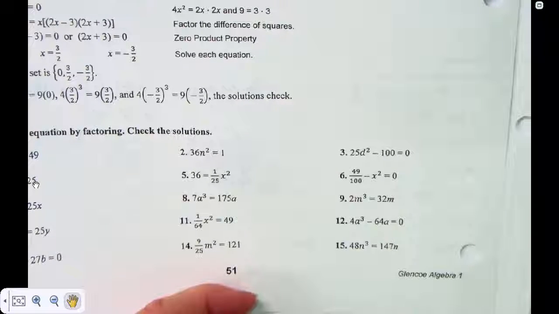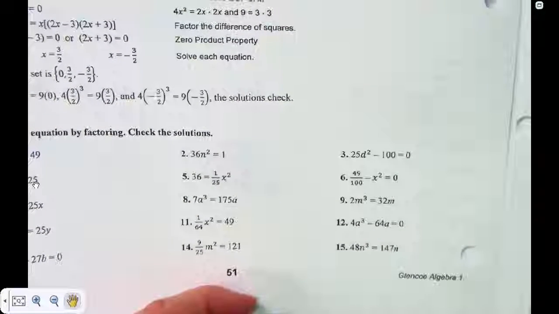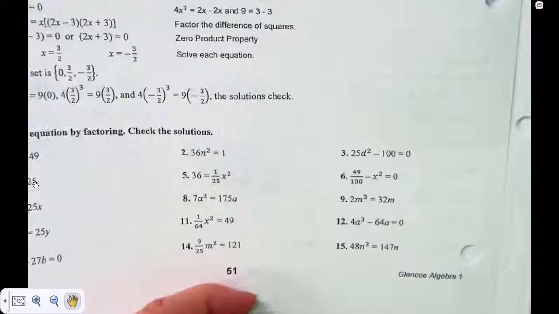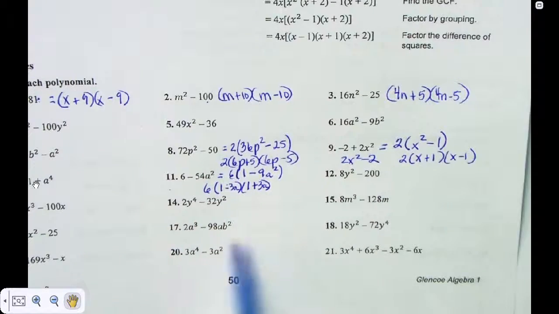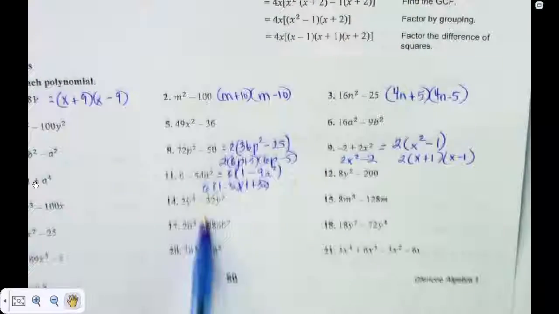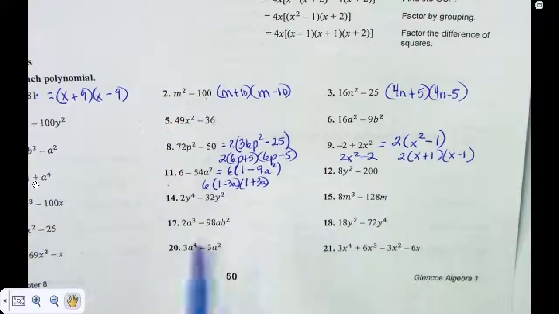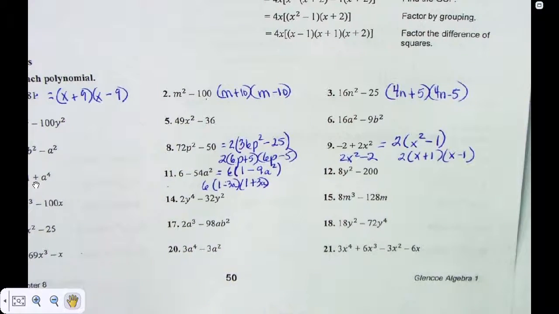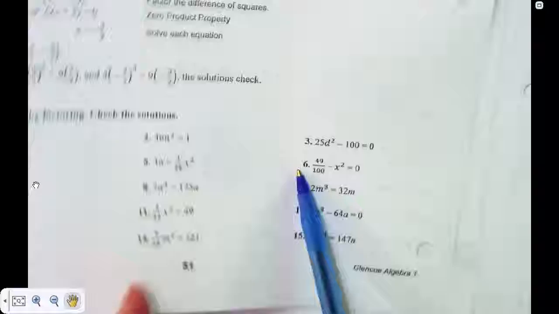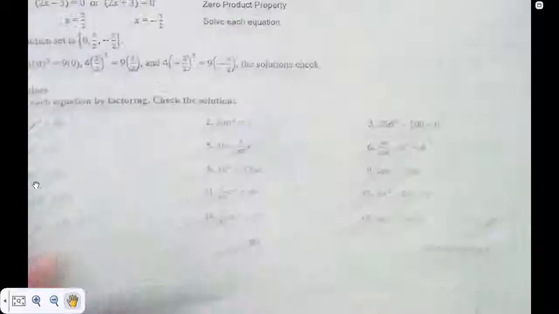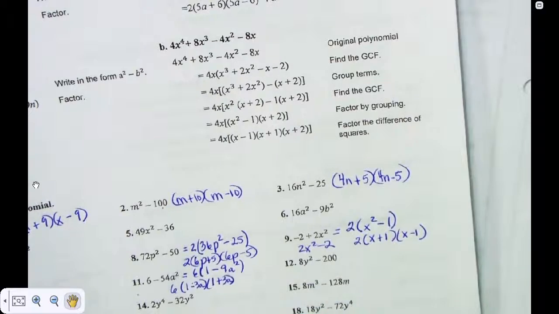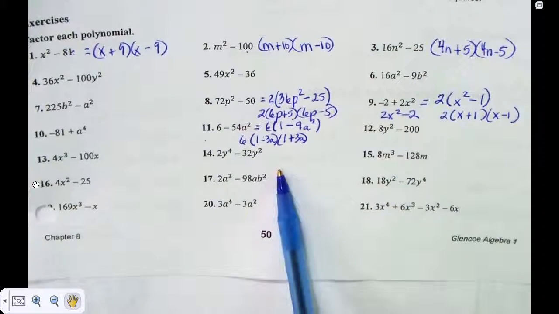What are we going to do when we're solving them? When we're having to solve. So we're getting ready. Are they going to ask you to probably factor something like this? No. They're not going to say factor. You're going to have to solve. So you have to know how to factor before you can solve these. So that's why we're doing this.